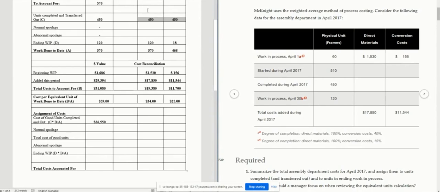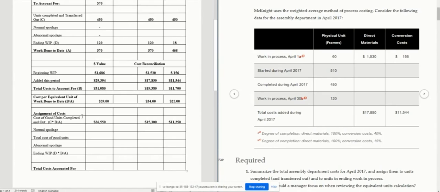But a better approach would be to say, okay, what's the materials part? 450 times 34. 450 times 34 is 15,300. And what's 450 times 25? It's 11,250, and then add across.